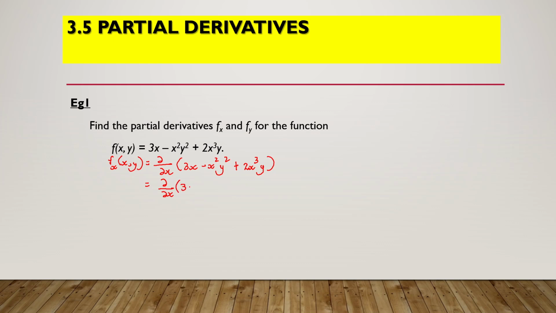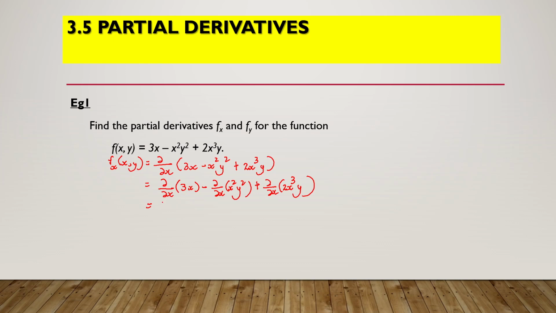So you take del del x of 3x, minus del del x of x squared y squared, plus del del x of 2x cubed y. Del del x of 3x, but now y is constant.